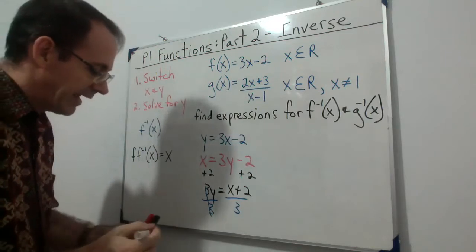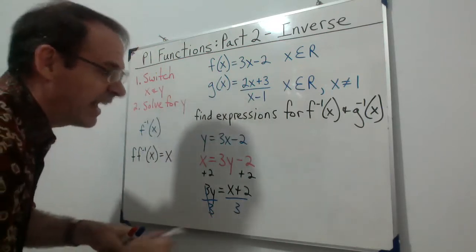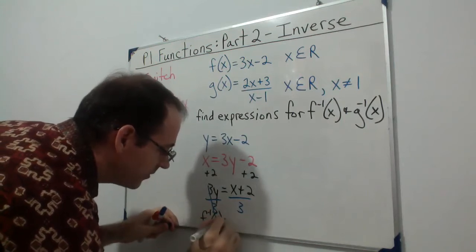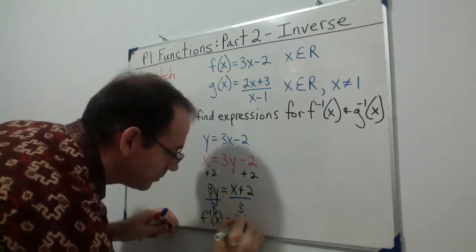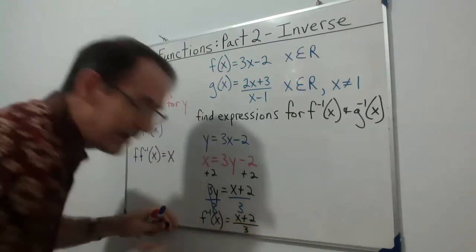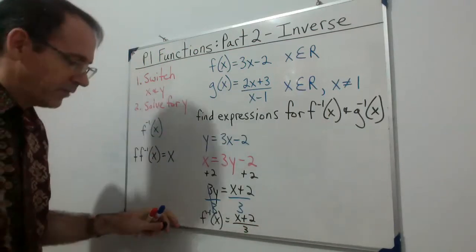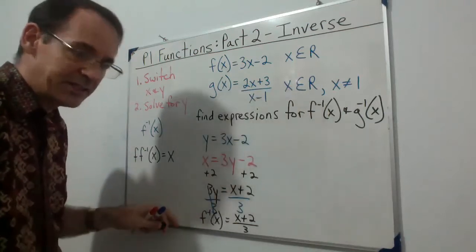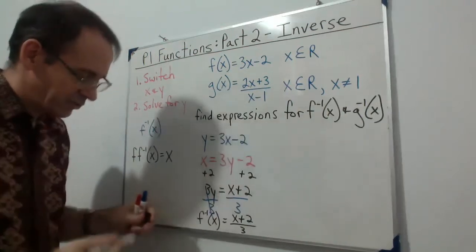So you need to actually identify this as your inverse function, with x plus 2 divided by 3. So restate your y in inverse function notation, and then you have x plus 2 over 3.